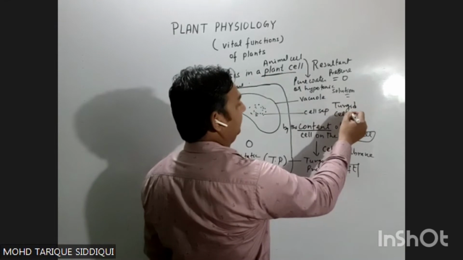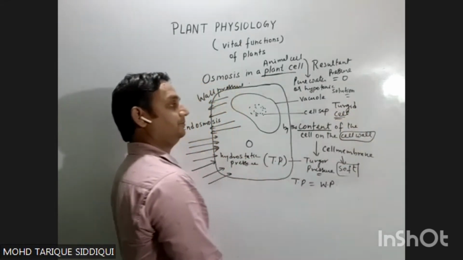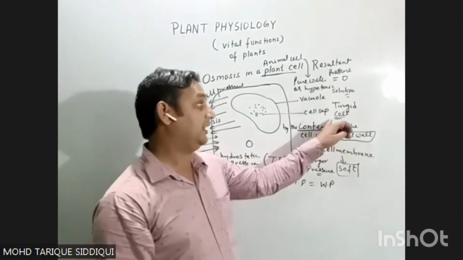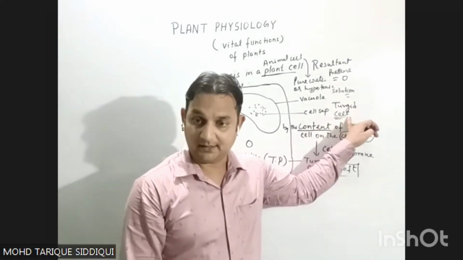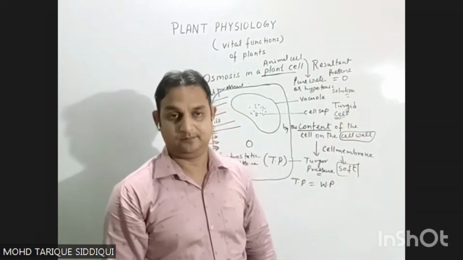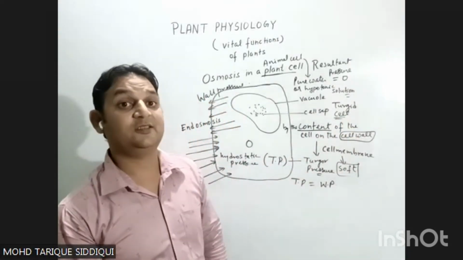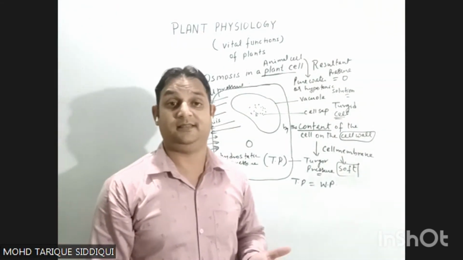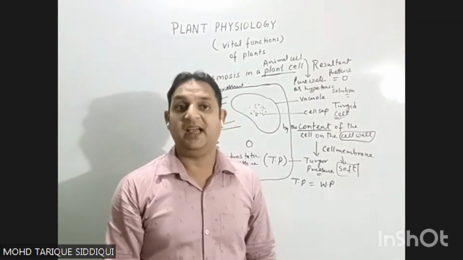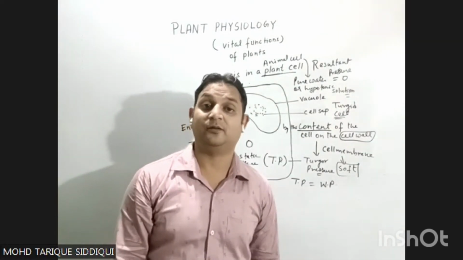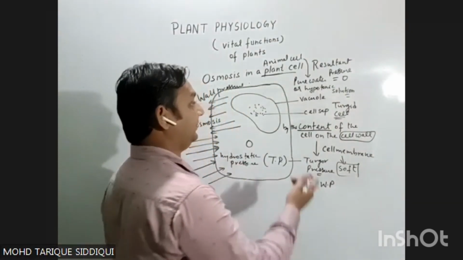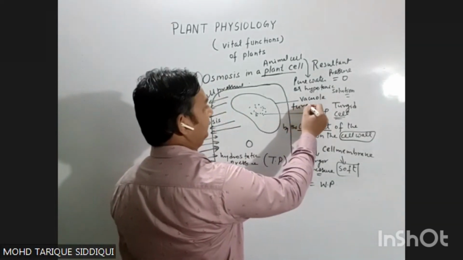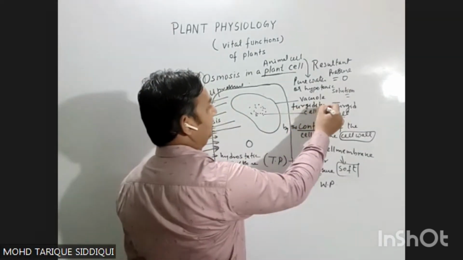The turgid cell is rigid and hard. They may ask you the state of the cell. The turgid cell is stiff, and the state of the cell is called turgidity.